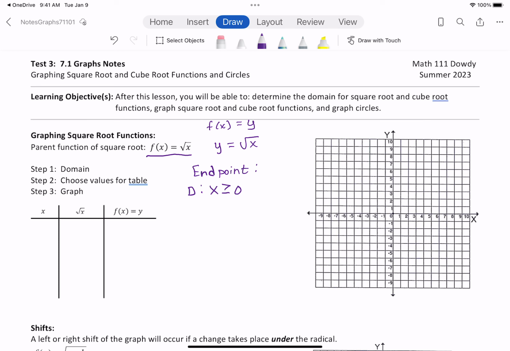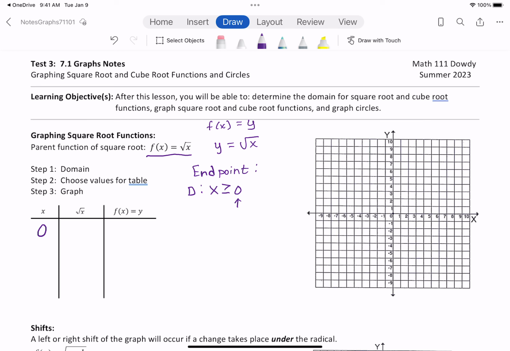So all that's saying is what we just said, that I can take the square root of 0 and I can take the square root of any number that's bigger than 0, which would be a positive number. So this number right here is the x where my endpoint is going to occur. So that's the first number I'm going to put into my table.